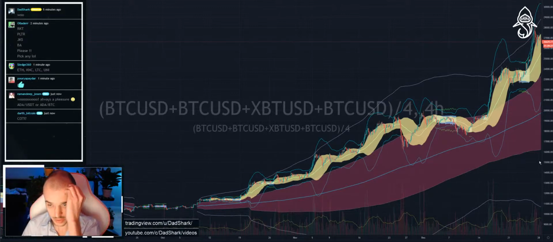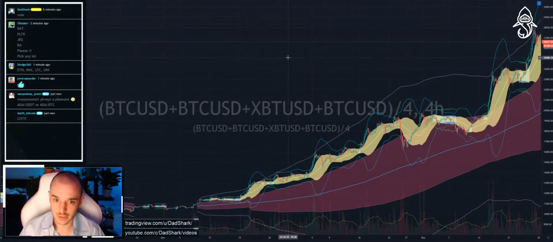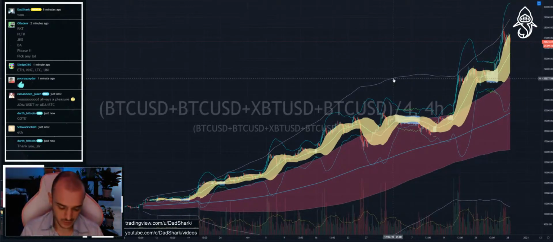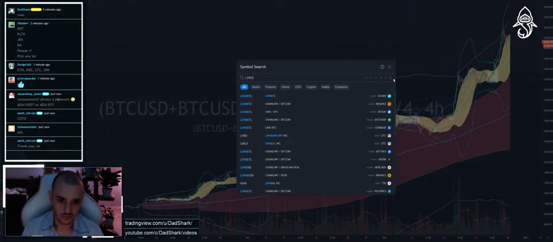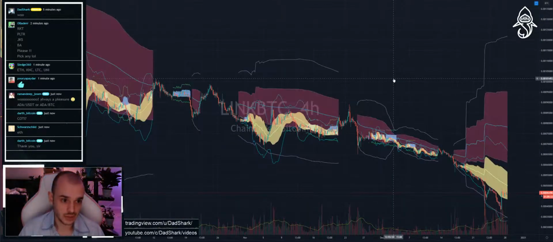All right. First up is Link BTC. So on the daily chart, it's been this way for like 4 or 5 months. Link is in macro level compression, which means it's returning to a state of potential energy.